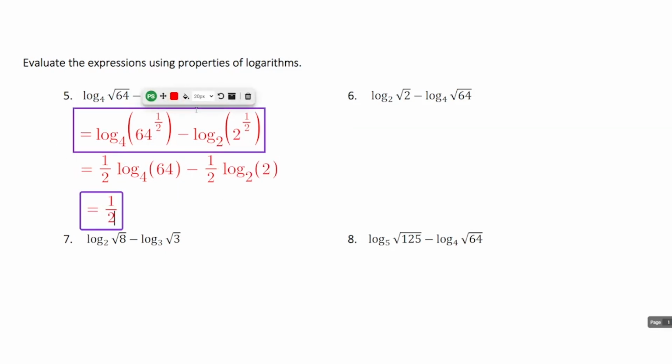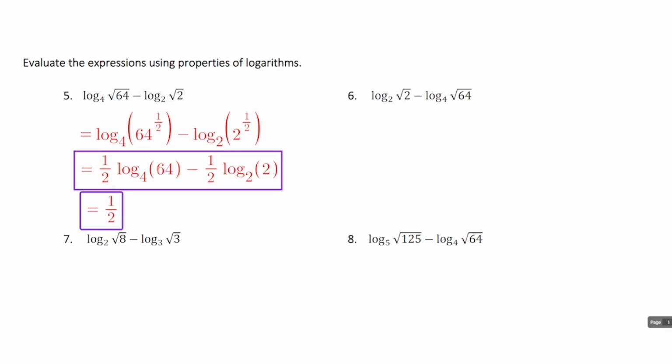So I have 1/2 times log base 4 of 64. The question here is 4 to what power is 64? Well, 4 to the first power is 4, 4 squared is 16, and 4 cubed is 64. So since 4 cubed is 64, this logarithm, which is the exponent, would be 3. So 1/2 times 3 minus 1/2 times, to evaluate this logarithm, we have 2 to some power equals 2.